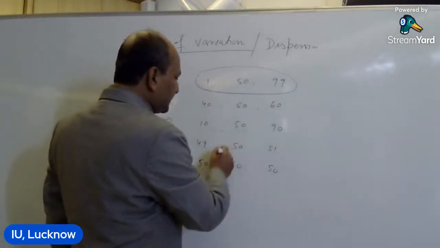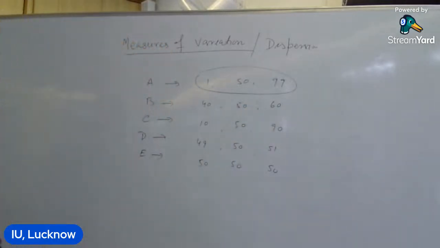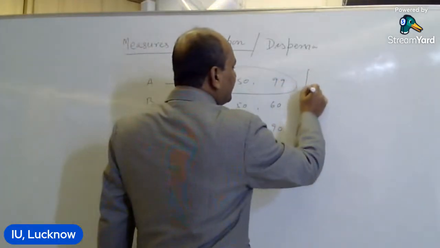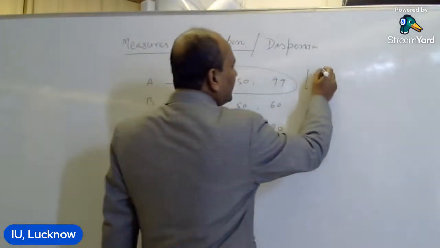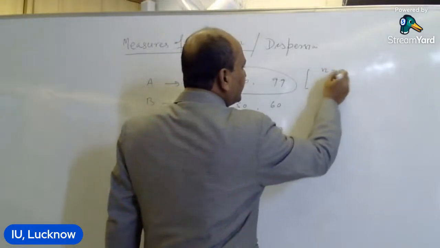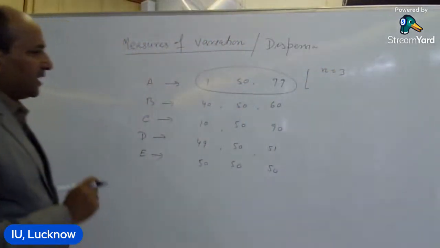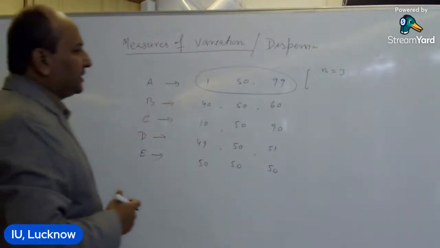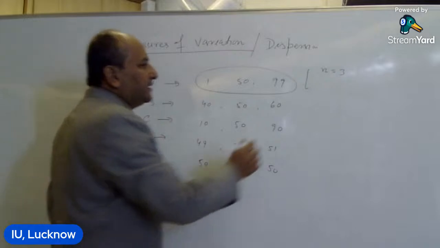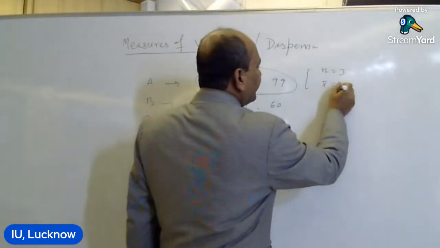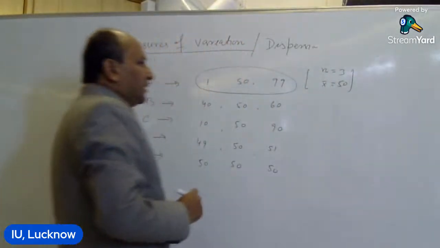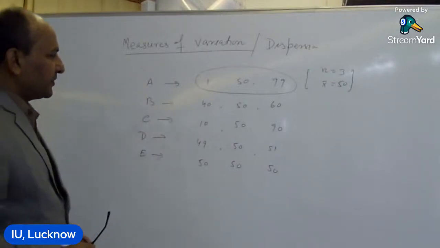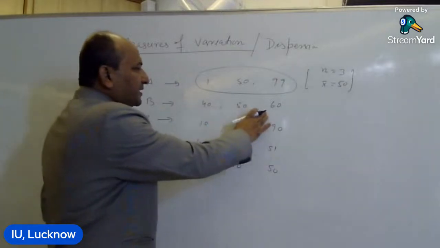So if we see these sets of observations, what do we get? If you see 1, 50 and 99, it gives you a total number of observations of 3. So we take n is equal to 3. And if we find the central tendency, that is, we take the arithmetic mean, the mean of this set is 50. Similarly, the second set includes 40, 50 and 60.